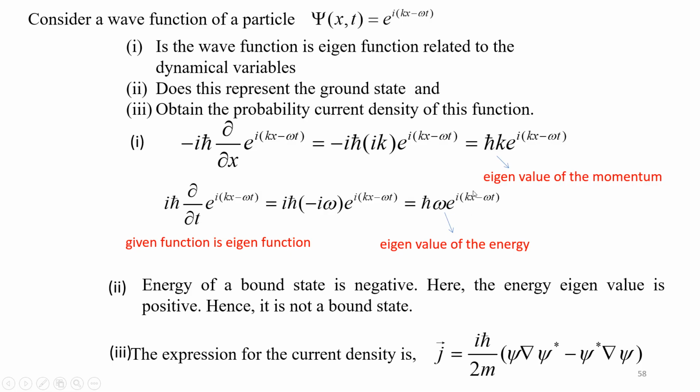And look at the wave function on both sides. Both are equal. So surely the given function is an eigenfunction, and ħω is the eigenvalue of the energy. ħk is the eigenvalue of the momentum.